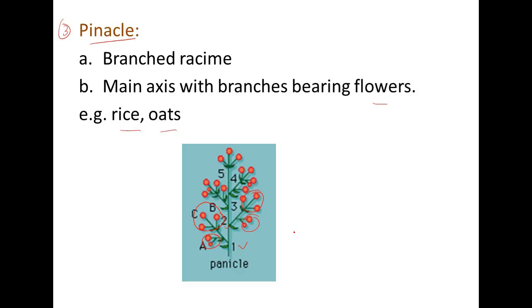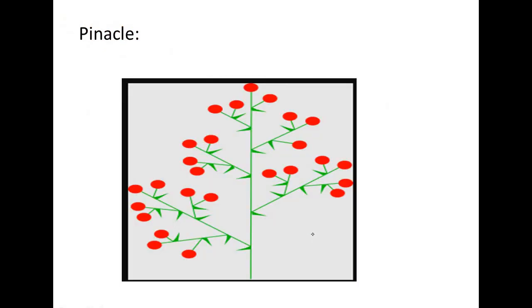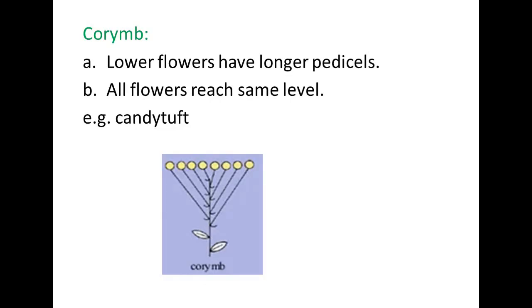Each axis is again branched and bears flowers at the tip. This is one image of a panicle inflorescence: 1 branch, 2 branch, 3, 4. This is the main axis, and these are the axillary axes, which are again branched to bear the flowers.